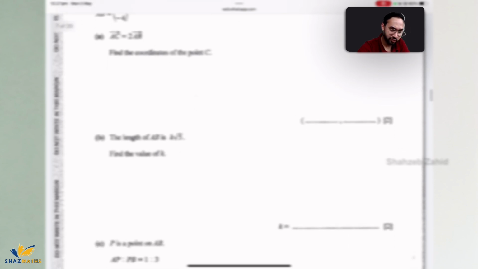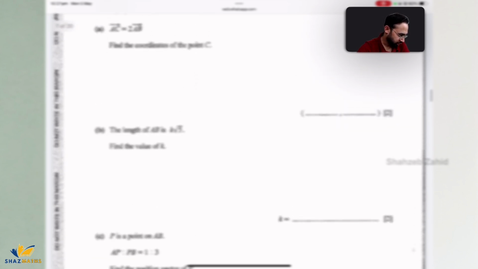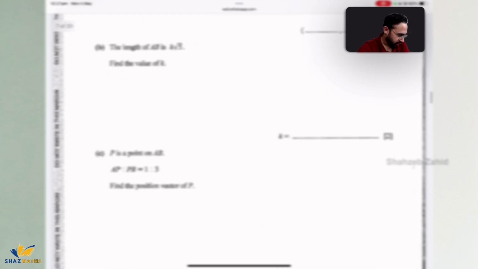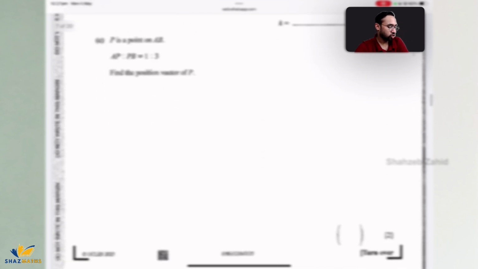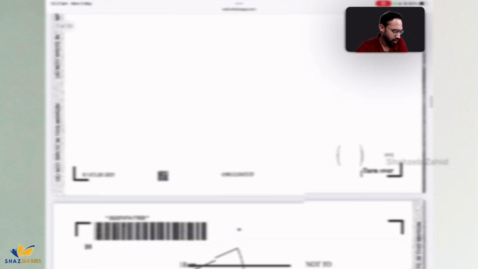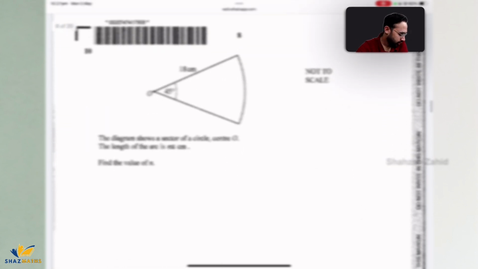Just use position vectors. You'll find the coordinates of OC. Nothing major. Length of AB is k root 5. You've got AB as well. Again, pretty straightforward. So far, what I have seen in this exam is if you have done enough past paper practice, you would have been able to perform well, to be honest.